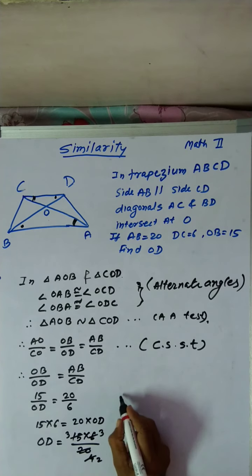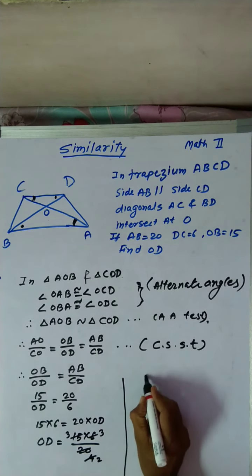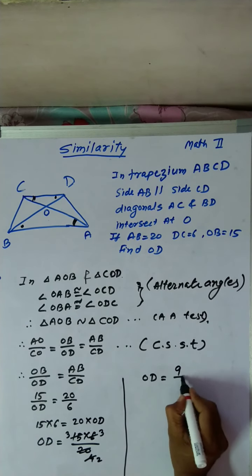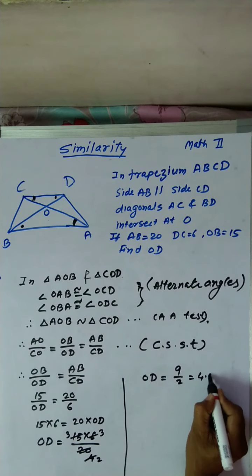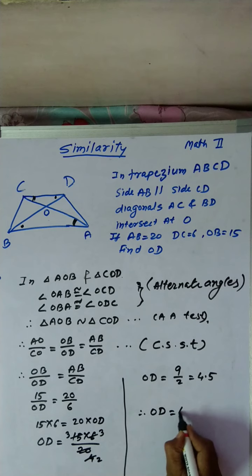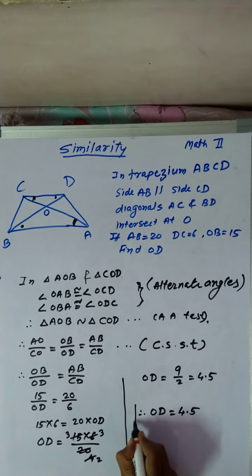That means OD is equal to 3 into 3, 9 upon 2, that means 4.5, and hence our final answer is 4.5.